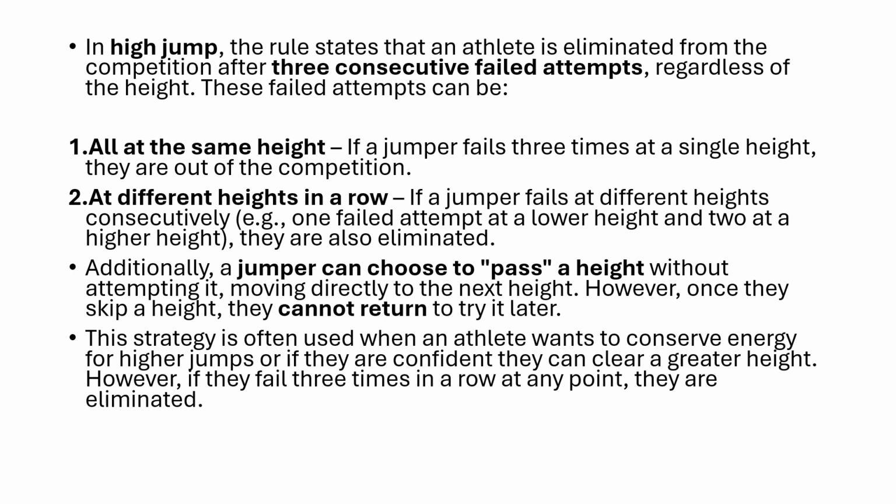However, he cannot return to it to try it later. He has to move up the ladder of heights. This strategy is said to be used when an athlete wants to conserve his energy for higher jumps, when they are confident that they can clear a greater height. However, in any case, if they fail 3 times in a row at any point, they are eliminated from the game.